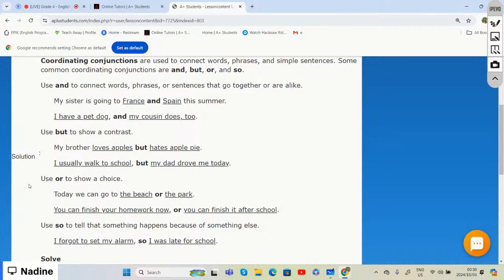Now we use the word but to show a contrast.